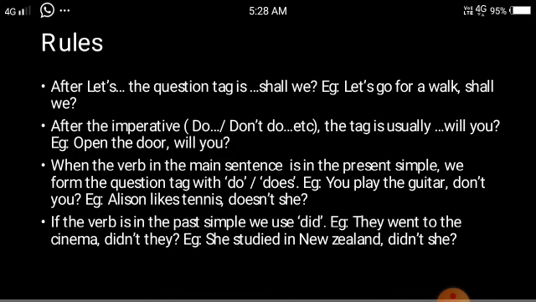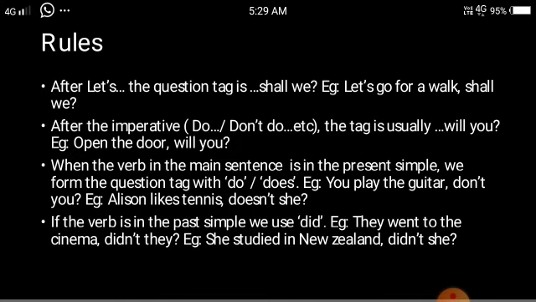So there it is an imperative sentence. Shut up. Will you? Come here. Will you? So these are all imperative sentences, and that is why you have to use the question tag will you.